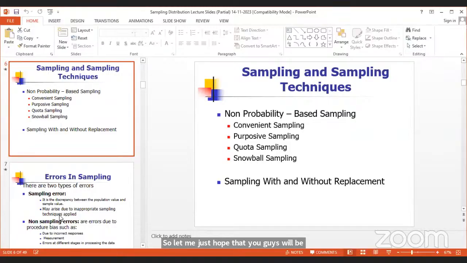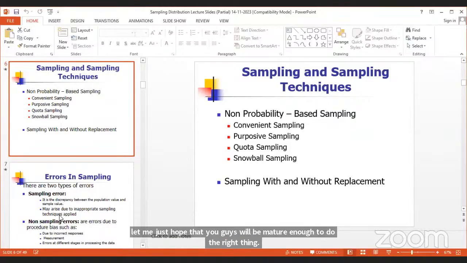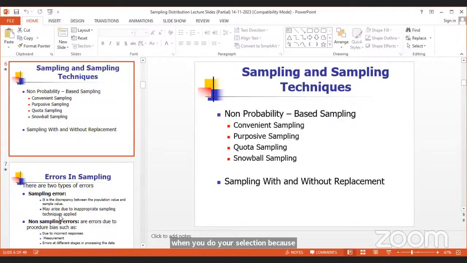All right. So when you do your selection because you have access, that's convenience sampling. Selection is done in such a way that there's access to the population. It's accessibility that determines convenience sampling.